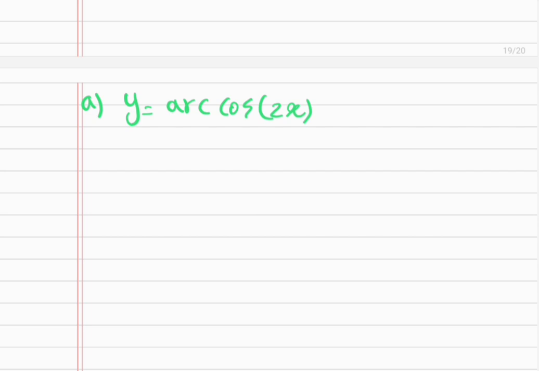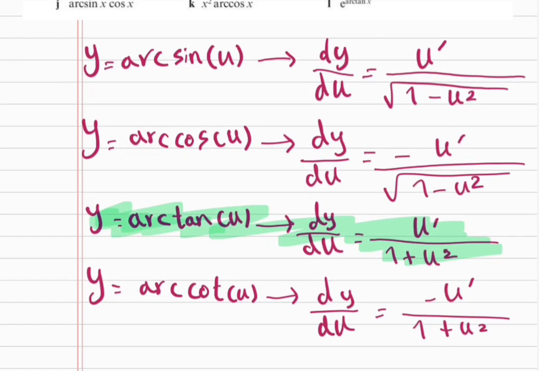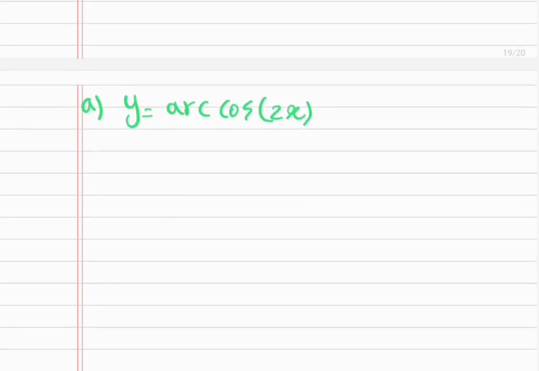Okay, the first one is y is equal to arccos 2x. Based on the standard result, its derivative is equal to minus the derivative of the function over the square root of 1 minus the function squared. So first, this is u, so u is equal to 2x. This one is very easy. The derivative of 2x is just 2.